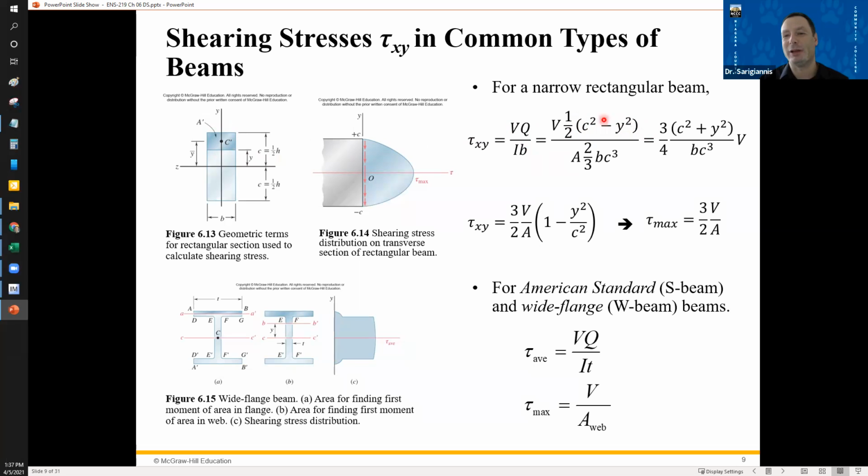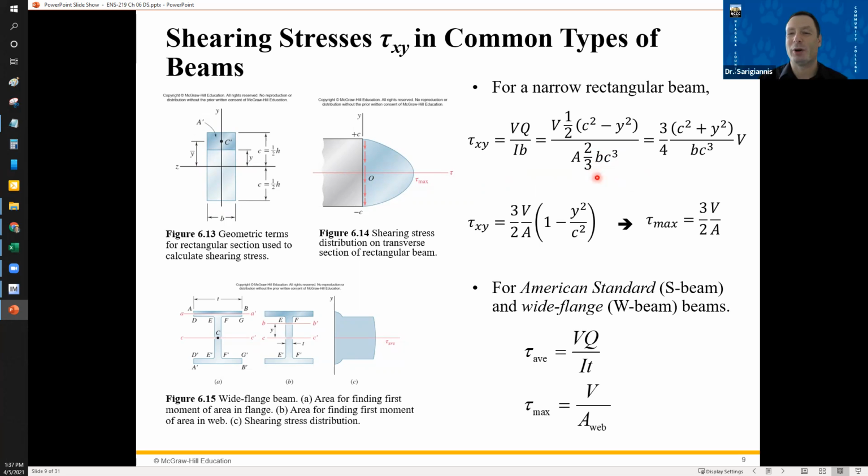This is what it turns out to be. The 1/2 (c squared minus y squared) is your Q. Your I is the moment of inertia of your entire object, which is just base times height cubed.